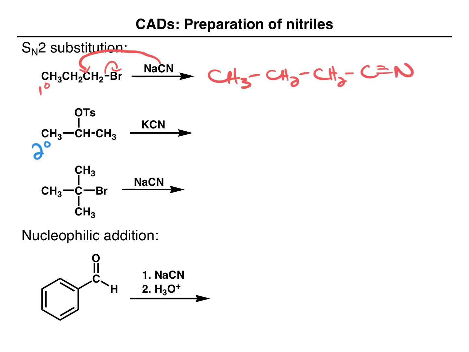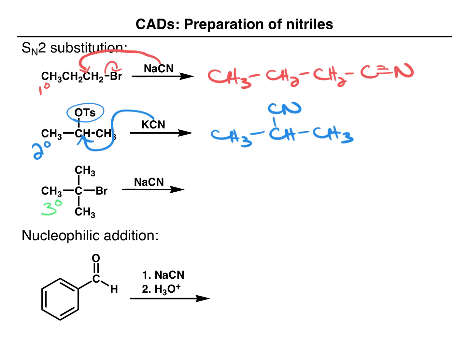With a secondary alkyl halide or alkyl tosylate, something with a good leaving group, the cyanide can again act as a nucleophile, leading to primarily the substitution product.